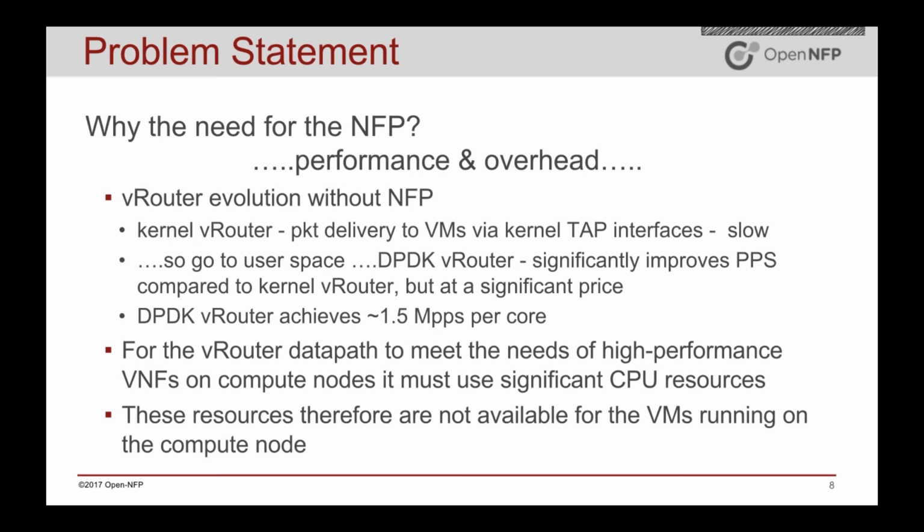So there's a price you pay if you want to scale up, right? And when you pay that price, you take away resources from the VMs as well that are trying to run on a compute node. So there's a balancing act, and this works out fine. You can, but if you really need a high packet per second rate of delivery, then you need another solution, right?